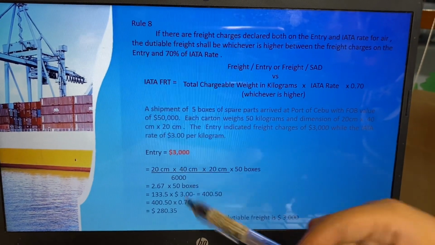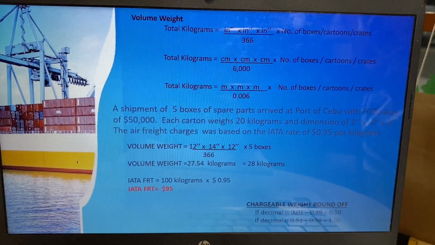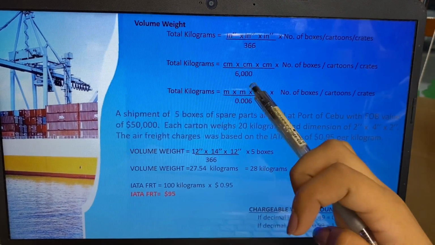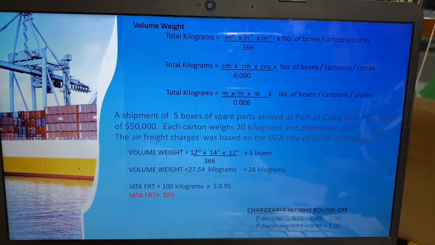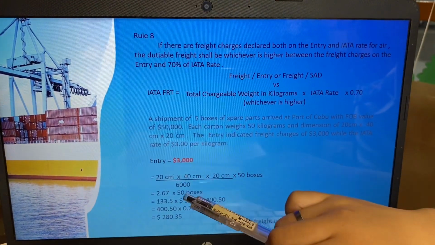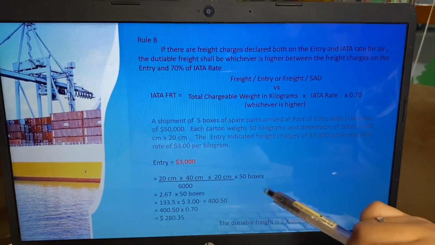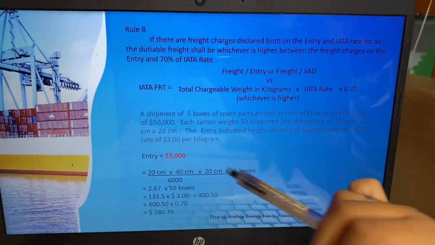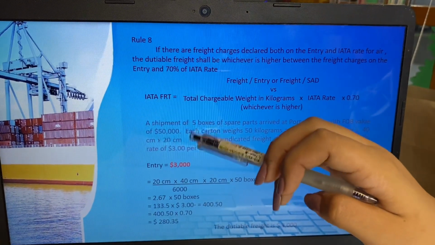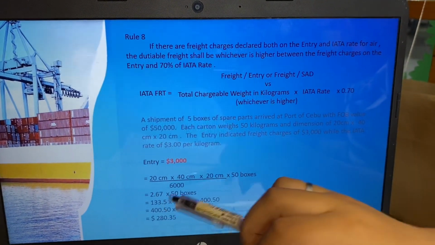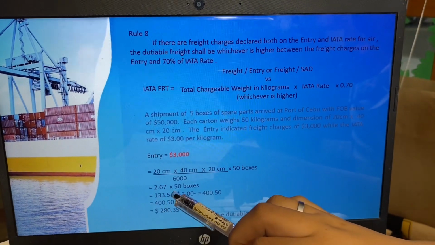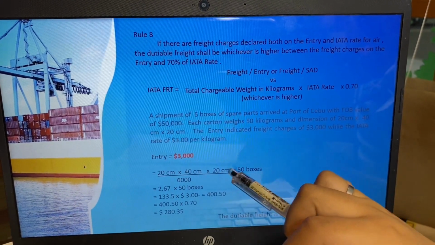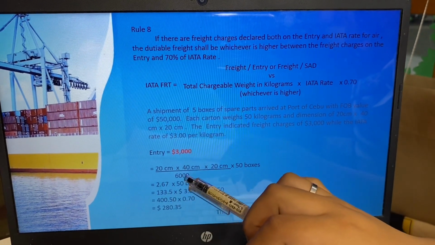Based on our previous discussion, if you're going to use centimeter, automatically the constant, which cannot be changed, is 6,000. And then you're going to multiply it by the number of units or packing. Oh, it's 50 boxes, sorry, people. So 20 cm times 40 cm times 20 cm divided by 6,000 would be 2.67.